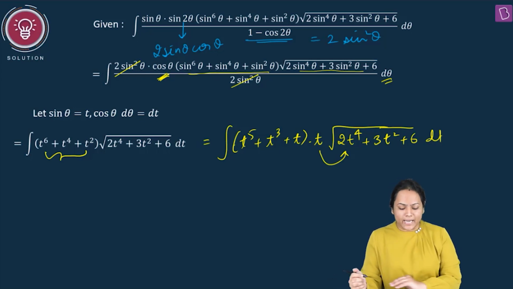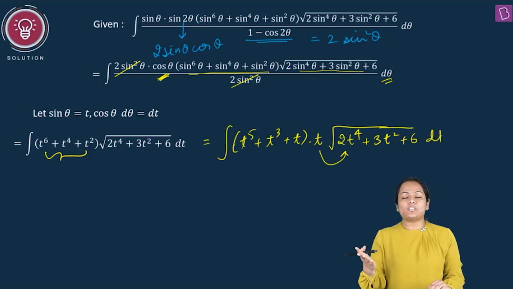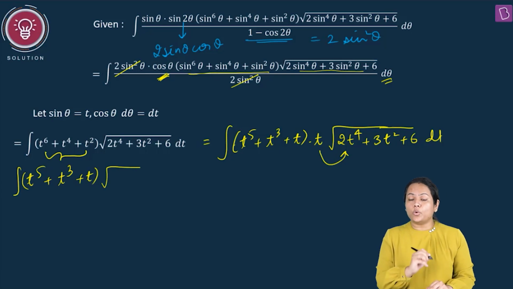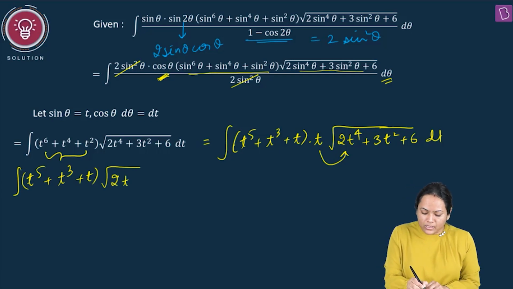When I take it inside, it will go as t square. So it's going to become the integral of t raised to 5 plus t cube plus t multiplied by the square root of 2t raised to 6 plus 3t raised to 4 plus 6t squared.